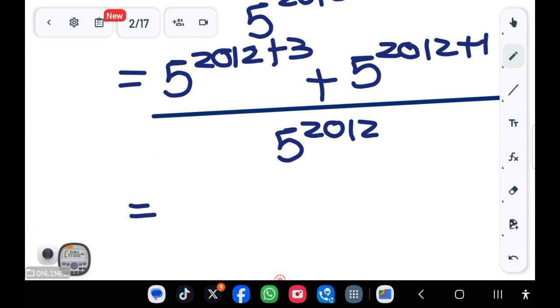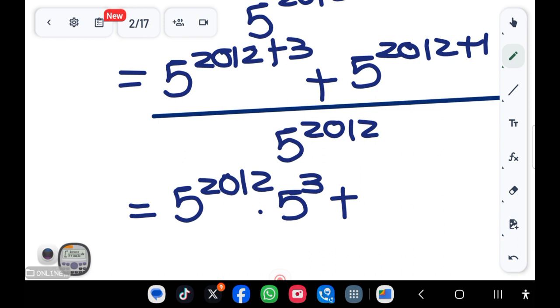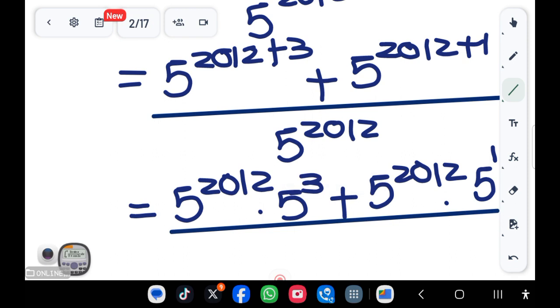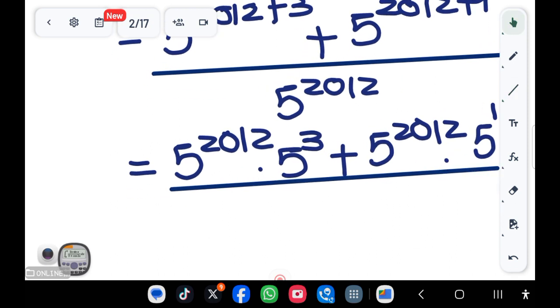So what we do is we take that common factor out. That is the same as 5 to the power of 2012 times 5 to the power of 3, and that is equals to 5 to the power of 2012 times 5 to the power of 1 all over 5 to the power of 2012. Don't have to do this step.